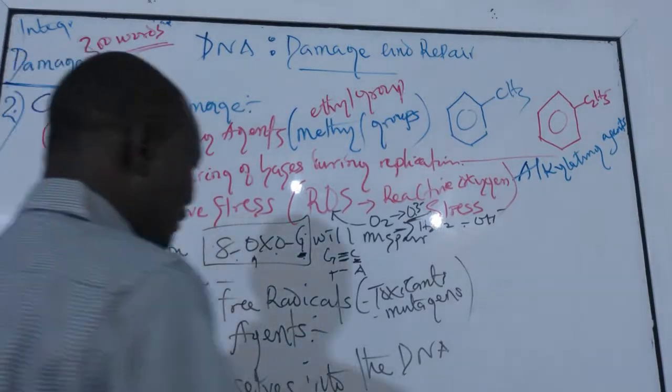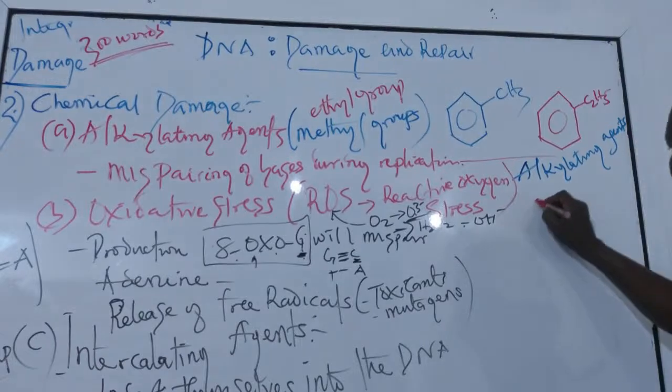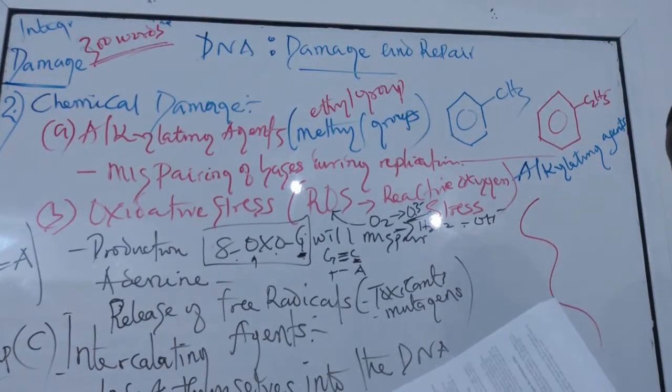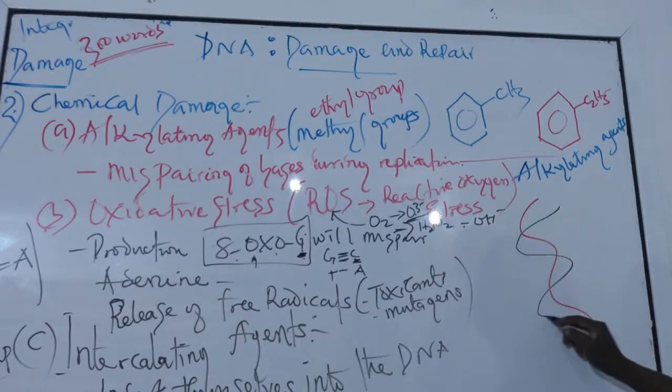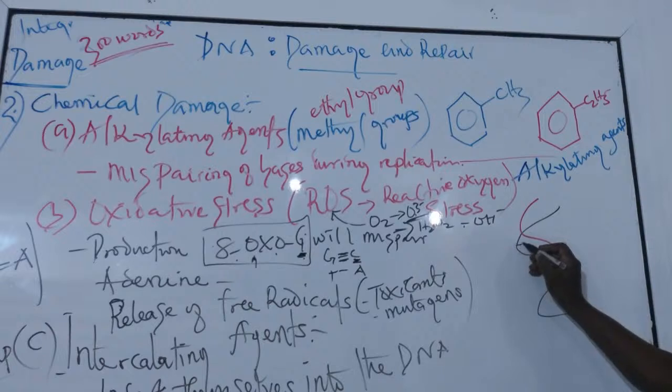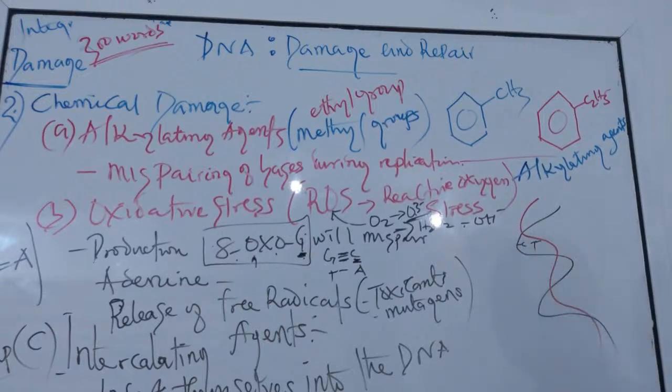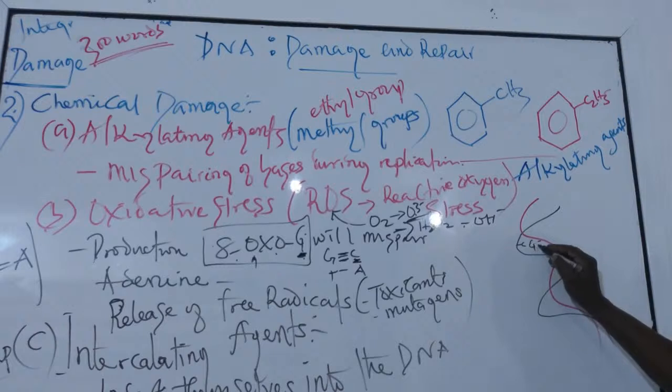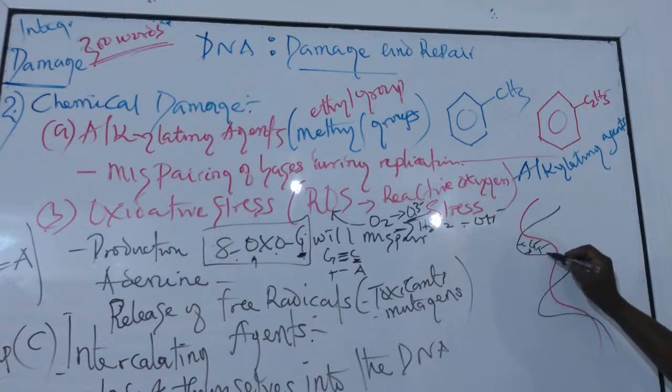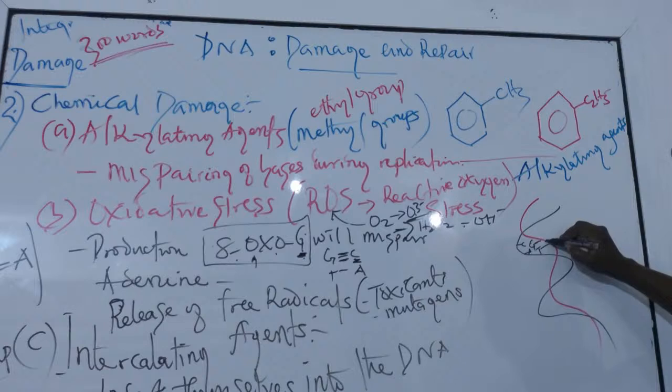So it's just like when you have your normal DNA, which is double-stranded. So you now have C, you now have T, you have G, you have A, you have T. What you now have as intercalating is that there are certain chemicals that have the ability to cause a kind of frame shift mutation.